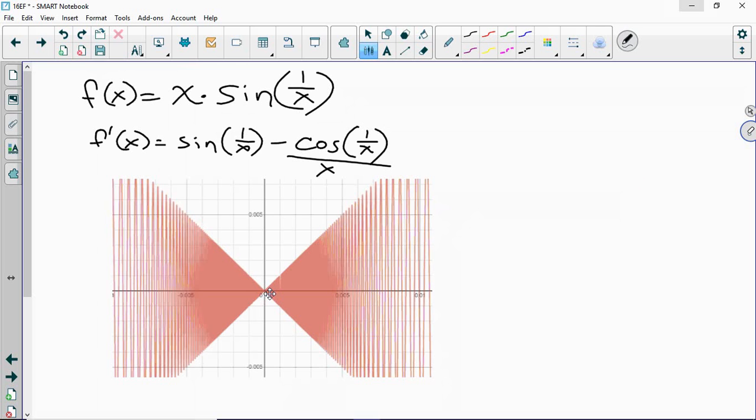So the slopes of the tangent lines are therefore oscillating back and forth between positive and negative values faster and faster as we get closer to the origin. So they're not going to settle down into any particular point. If you were to keep zooming in, you'll just keep seeing it oscillate. So there's clearly not going to be any derivative there.